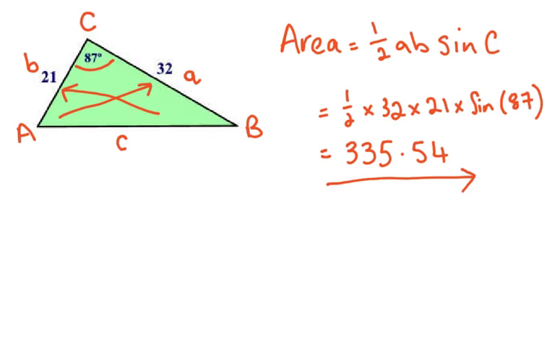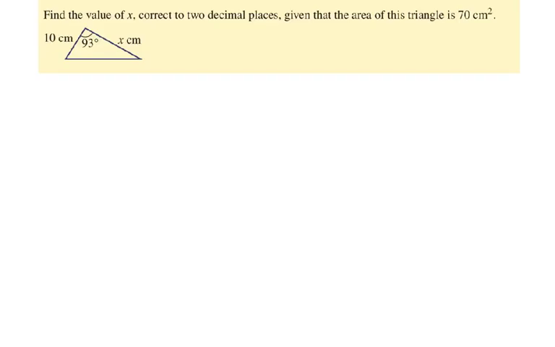So let's have a look at the next slide. Now in this particular question, we're asked to find the value for x, correct to 2 decimal places, given the area of this triangle. So now I'm actually giving you the area, and you have to use the formula to be able to find that side.